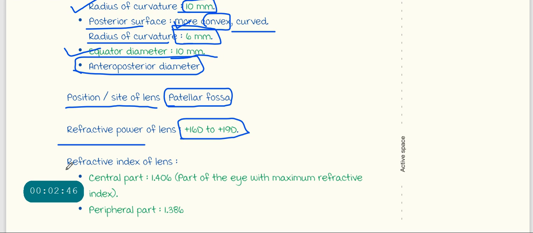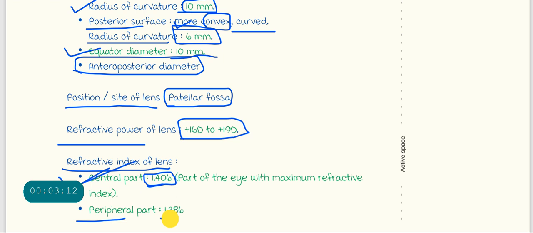Now the refractive index of the lens at the center part is approximately 1.406, and the part of the lens with maximum refractive index is the center part. Now the peripheral part, what is the refractive index?